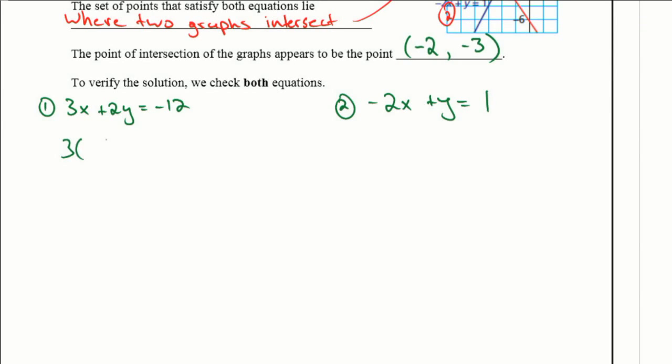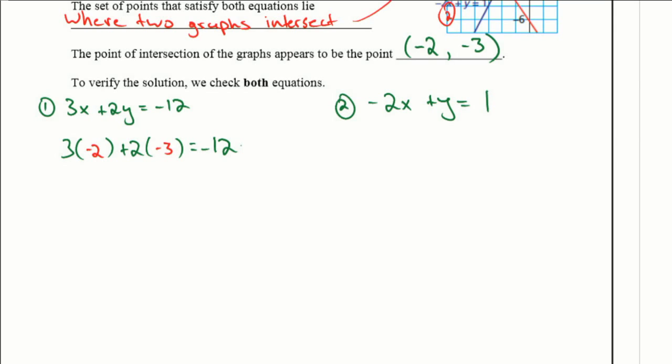So where I have an x, I'm going to put in my x value, which was -2. And then where I had my y, I'm going to put in my y value, which was -3. I'll just do this first one and then we'll look at the second one after.